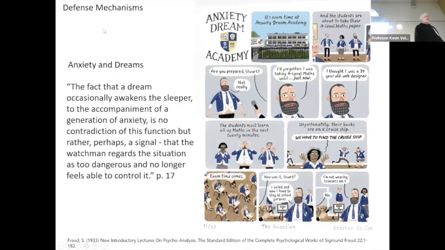Defense mechanism. So Freud wrote about anxiety in dreams. The dream occasionally awakens the sleeper to the accompaniment of the generation of anxiety. I dreamed about this class last night, a good example. It's no contradiction of this function, but rather perhaps a signal that the watchman regards the situation as too dangerous and no longer feels able to control it.